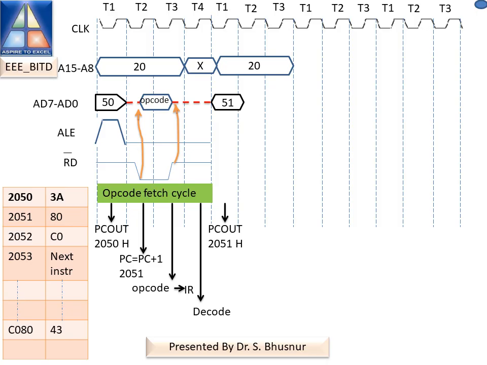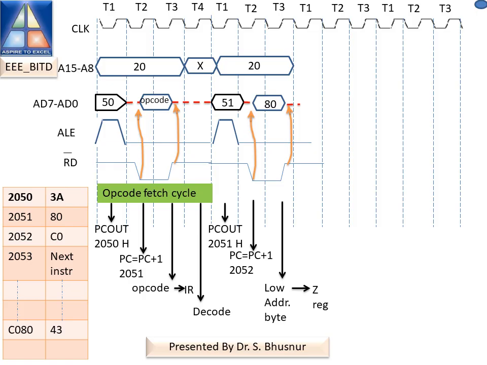A similar set of actions takes place: the ALE signal will be high during the T1 state, which will latch this low order address 51, and then during the T2 state the read signal becomes active again. Now it is the turn of 80 to be released onto the data lines. Meanwhile, the program counter is automatically incremented by 1 internally to point to the next address, 2052. That completes this memory read machine cycle.